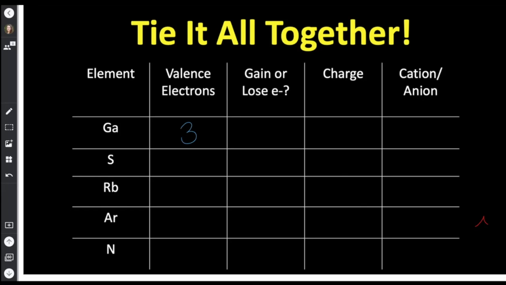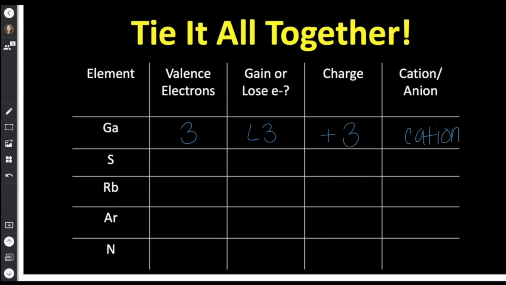Is it easier for it to get back to 0 or go to 8? Get to 0. So Willie Kate, what do I do to get to 0? Lose 3. All right, when I lose that negativity, I become positive by however many I lost, which was 3. And positive is a cation because it is positive.